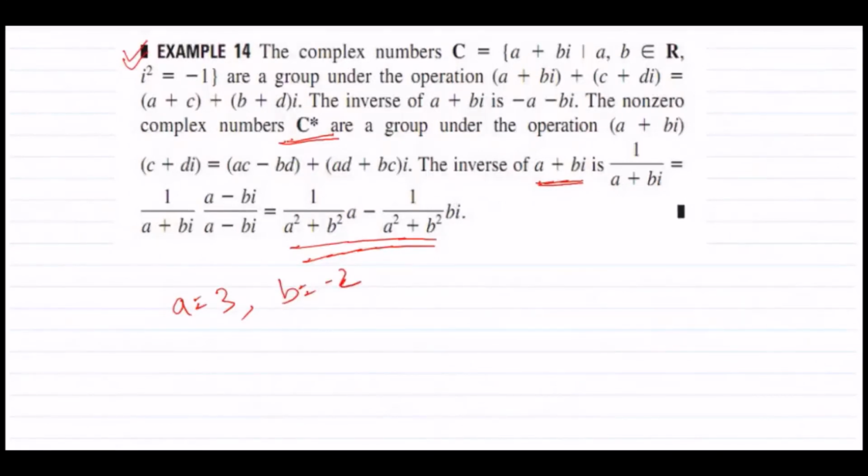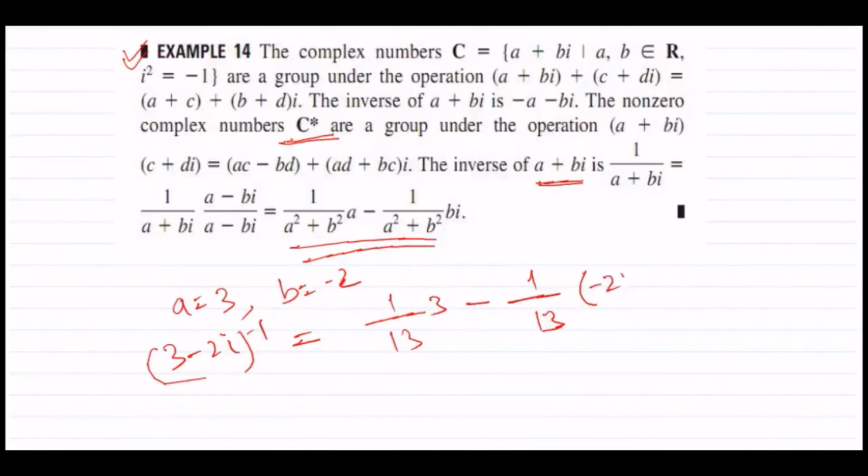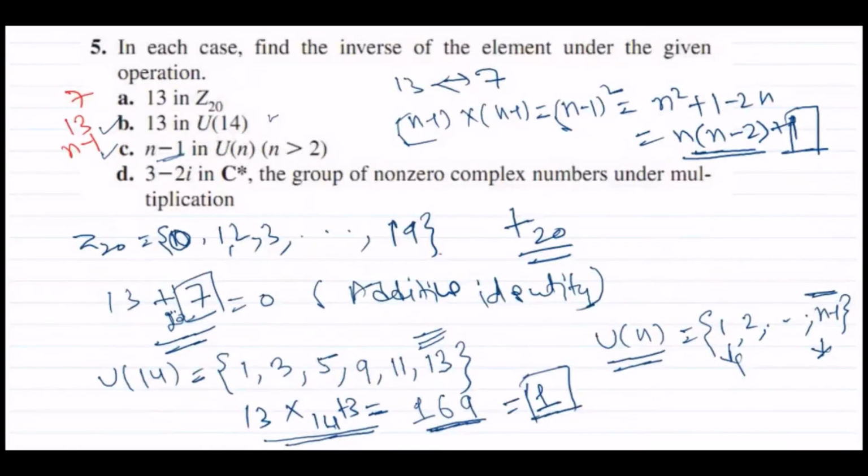So the inverse of 3 minus 2i equals 1 upon, just square and then add, so 9 plus 4, 13, times a, which is 3, minus 1 upon 13 times b, which is negative 2, and then i. So this equals 3 upon 13 plus 2 upon 13 i. So this is the answer of the D part of question number 5.